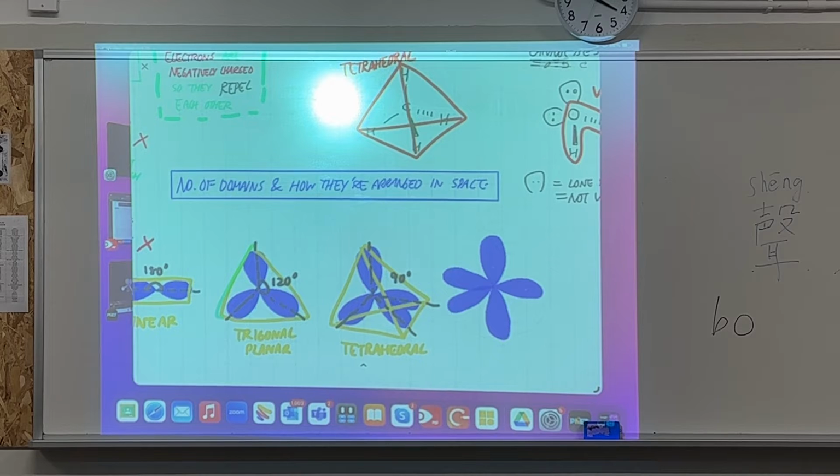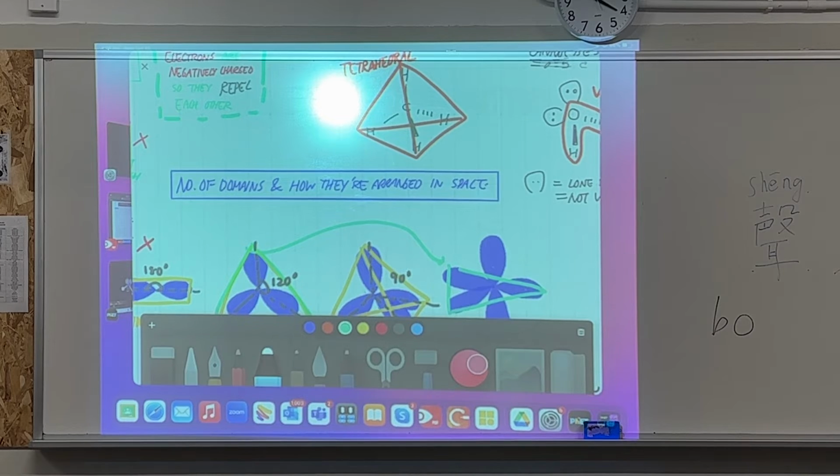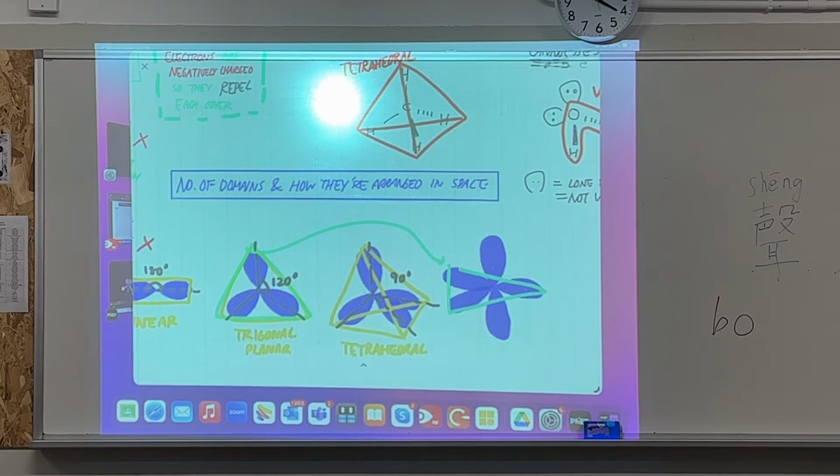Imagine that I am inserting this thing over here, and then on top of this triangular shape, I am adding 1 domain on top and 1 domain at the bottom. This is how I imagine it. The next shape with 5 domains is built upon that trigonal planar shape, so this will form the equator of the shape.